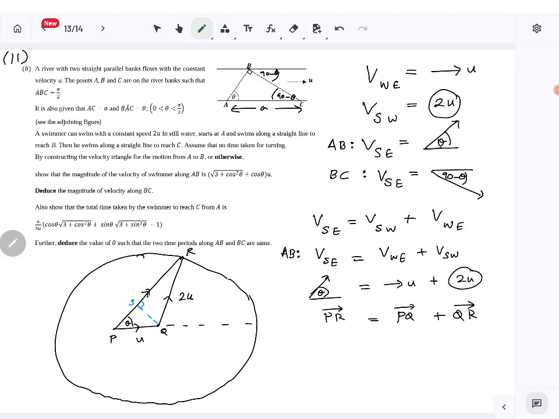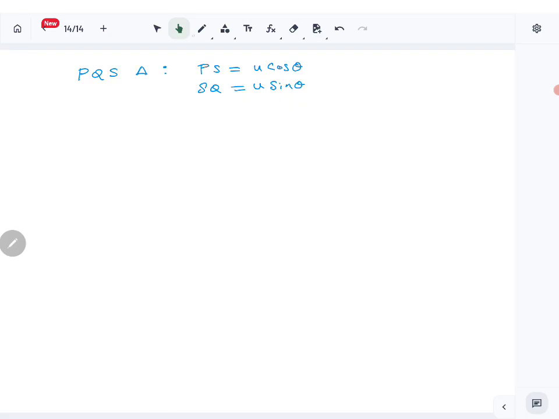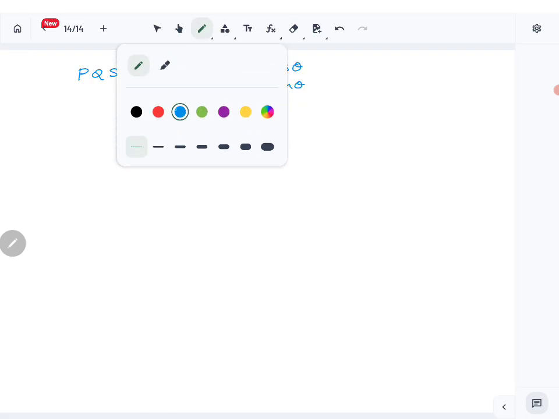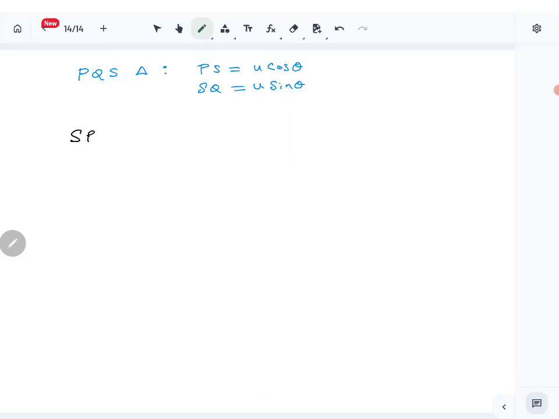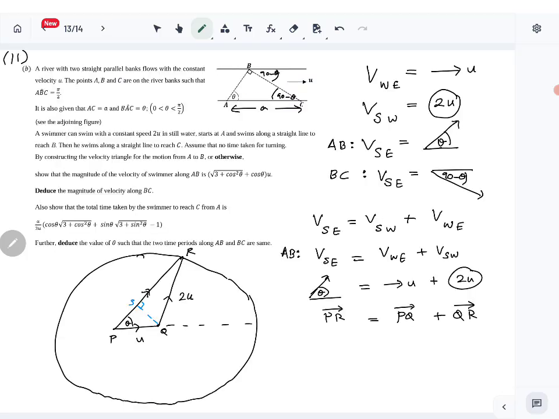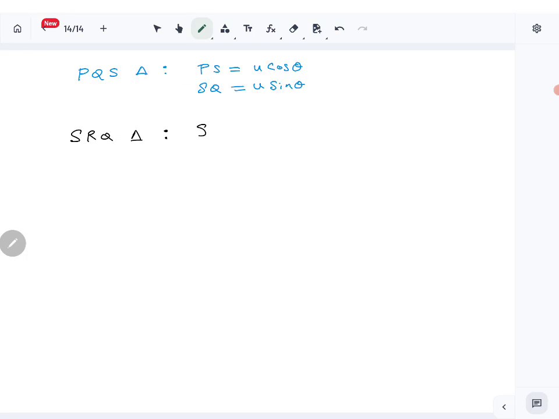Then we have PS. Now we need the SR length. To find SR, we use the other right angle triangle, SRQ. I want to find SR, then I can find PR, which is what we are looking for.